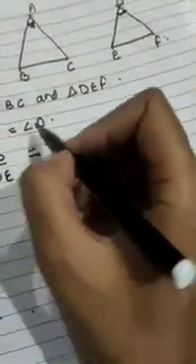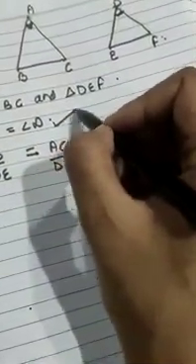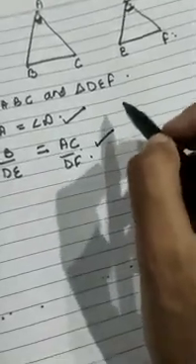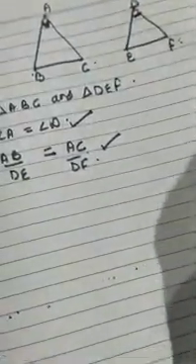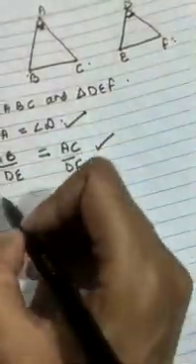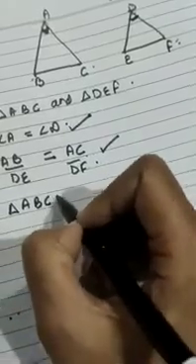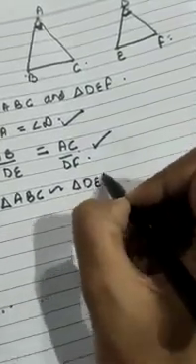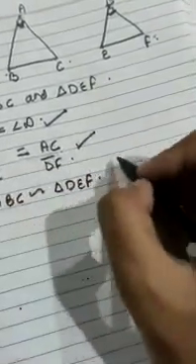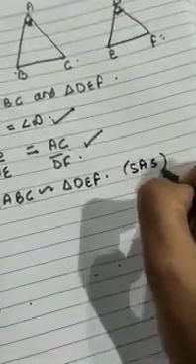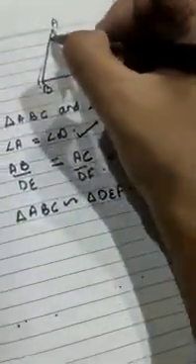So we have one angle equal, and the sides including it are in proportion: AB upon DE equals AC upon DF. So we can say that triangle ABC is similar to triangle DEF by SAS, side angle side.